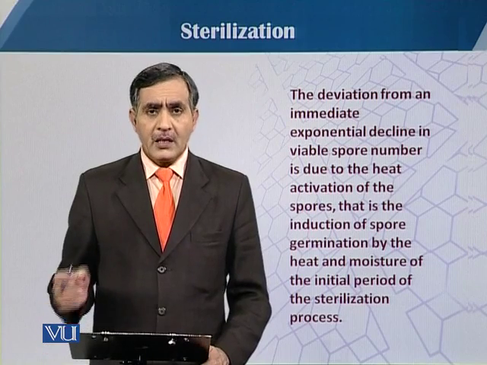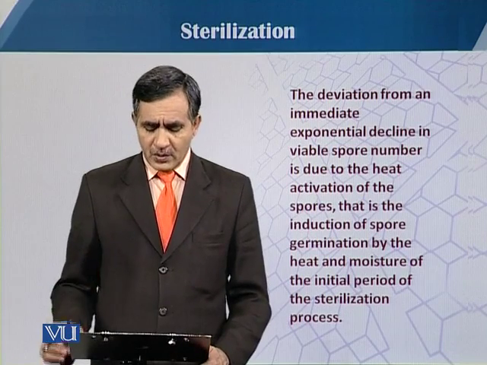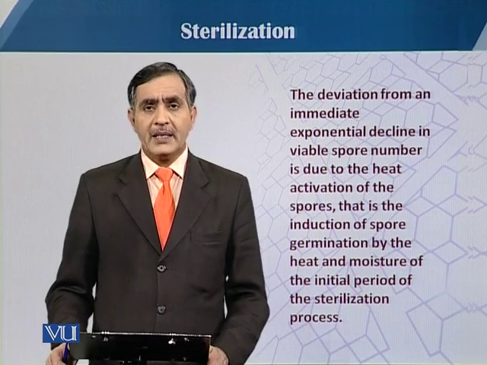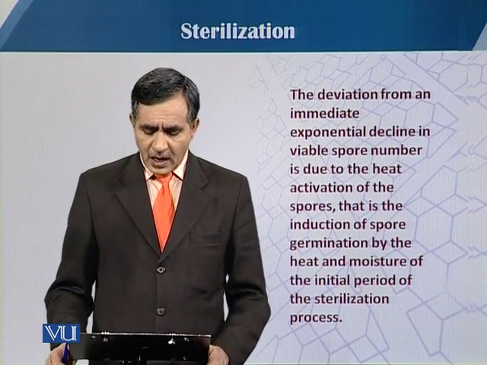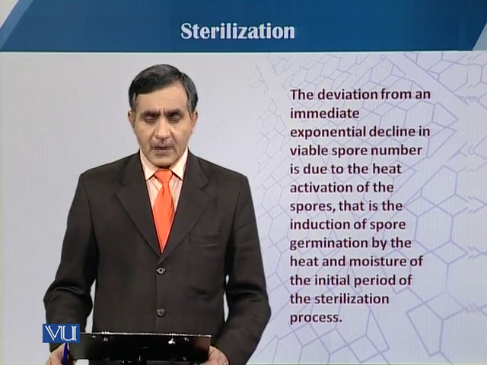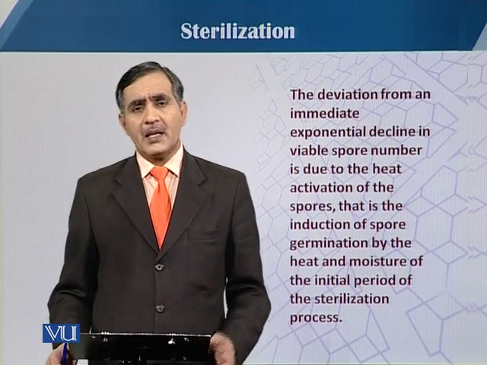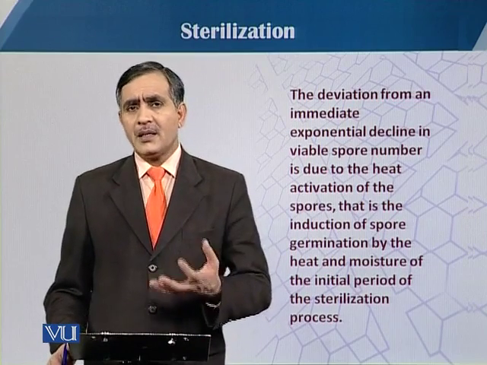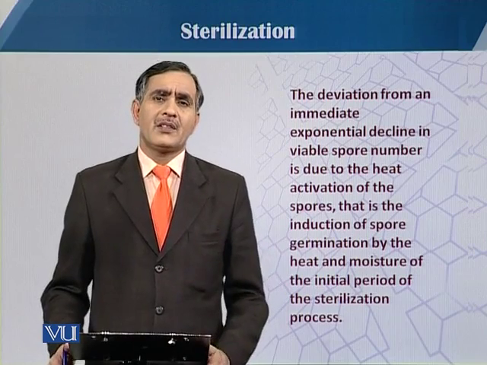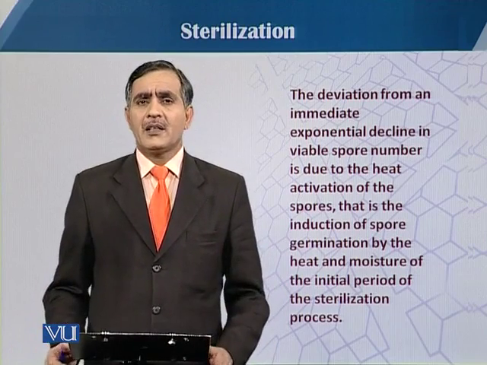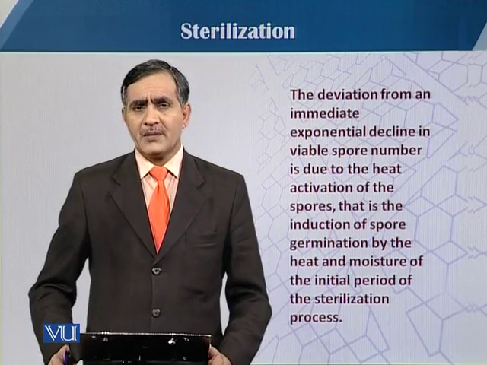That is, the induction of spore germination by the heat and the moisture in the initial period of the sterilization process. Because when there is heat and a wet condition, the spores immediately start germination.